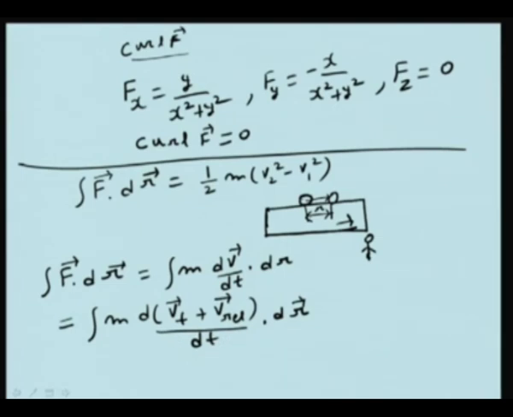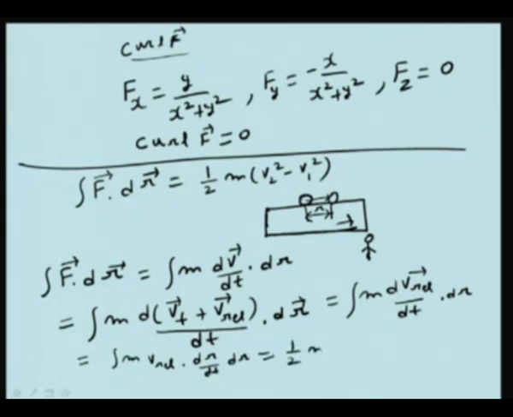If vt is constant, then this equation simplifies to m dv rel by dt dot dr, which can be written as m dv rel by dt dot (dr by dt) dt. dr by dt is again v rel, which will give you half m (v rel 2 square minus v rel 1 square).